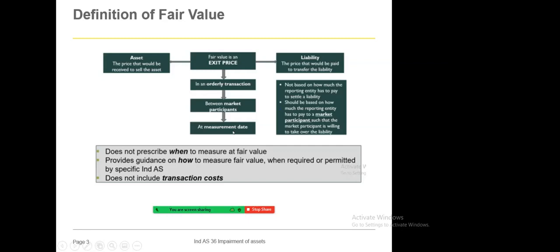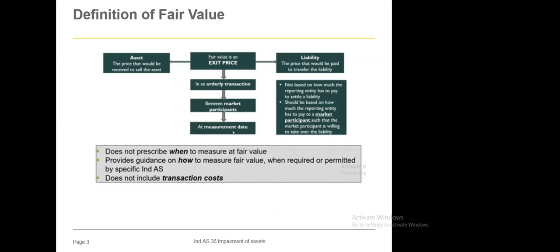What do we mean by market participants? Market participants are a buyer and a seller who should not be related parties, should have knowledge of the transaction they are entering into, and should have a reasonable mindset to enter into that transaction. That means they are participants who are actually willing to enter into such a transaction.